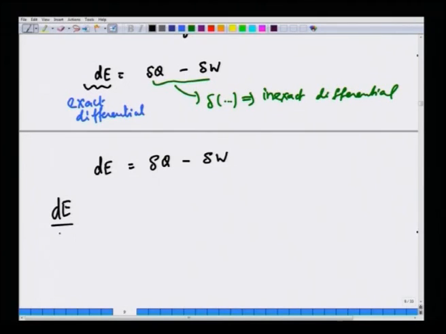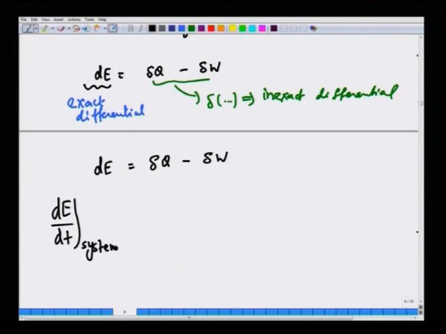Things happen continuously in many engineering operations. So, we need to generalize this to a form in which we talk about the rate at which energy is changing in the system, the rate at which heat is transferred to the system, and the rate at which work is done by the system. So, we are going to generalize this to a flowing system where things change with time continuously.